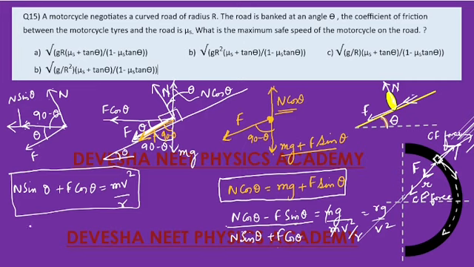Dividing both numerator and denominator by cos theta, we get n minus f sin theta divided by cos theta, which becomes f tan theta. n sin theta divided by cos theta becomes n tan theta. f cos theta divided by cos theta becomes f. This is equal to rg by v square.